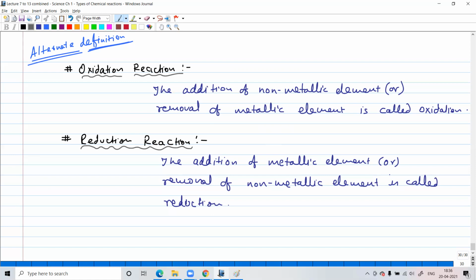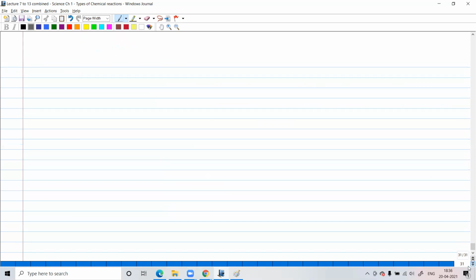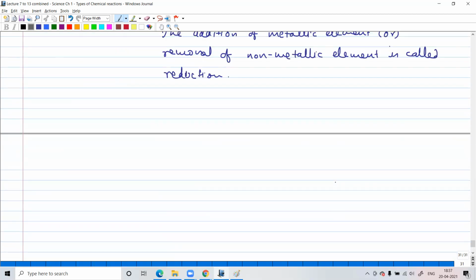Okay. Let's take the same example which we've seen before, but now we will see the same example with respect to oxidation reduction.